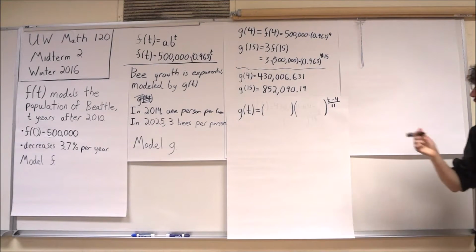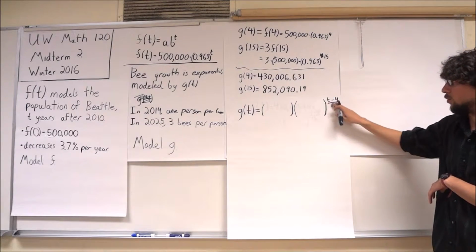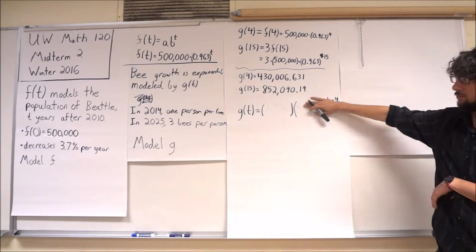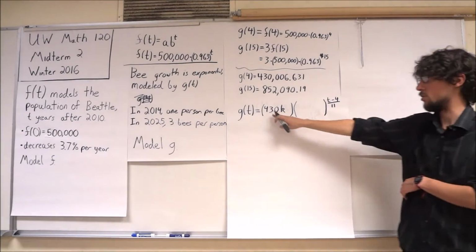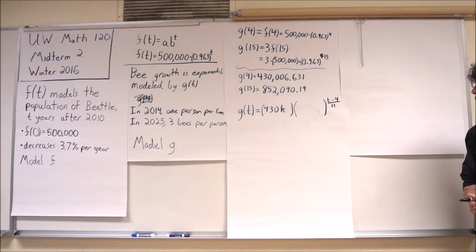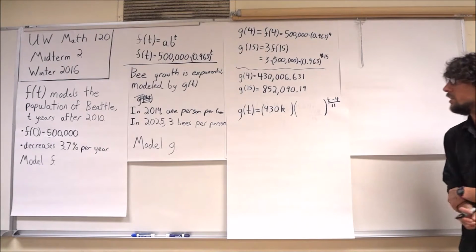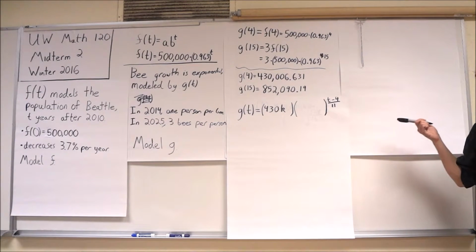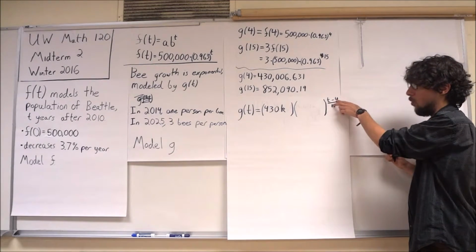So when I plug in t equals 4, this becomes an exponent of 0, which means that this falls away. And I'll just write this as 430k. This is for 430,000. This is not a variable here, just for fitting it on my page. This behaves now nicely when I plug in t equals 4. But when I plug in t equals 15, this exponent just becomes 1.